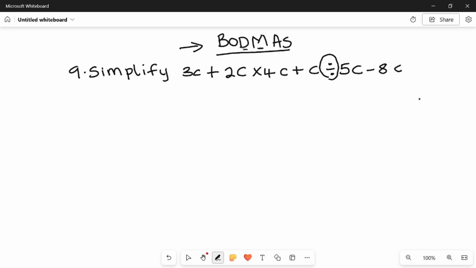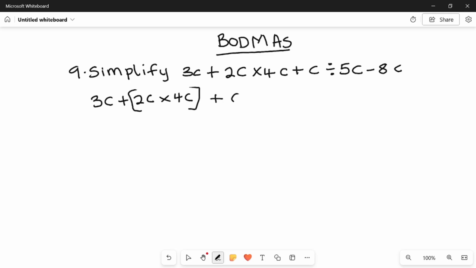So let's start. The first thing we'll do is to rewrite our expression: 3c plus 2c times 4c. Let's put this in a bracket, this is multiplication.